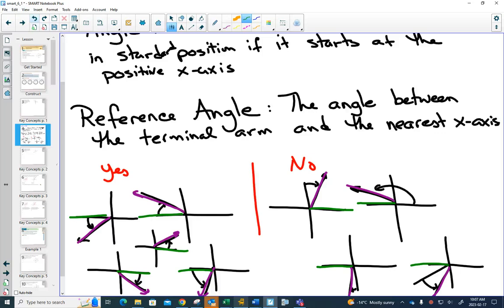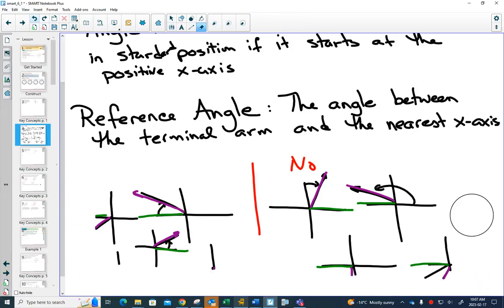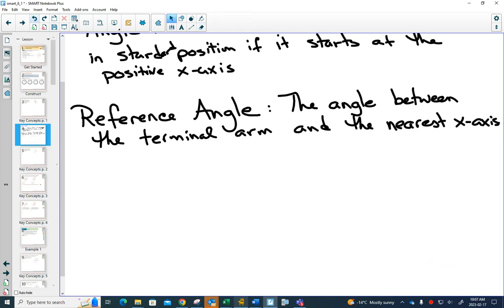Reference angles are extremely important for trigonometry because when you started trigonometry in grade 10, you just did triangles, which kind of makes sense. Trigonometry is about triangles. And the triangles that you used were all right-angled triangles. Do you remember SOHCAHTOA and a squared plus b squared equals c squared?